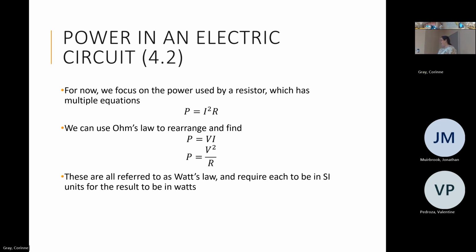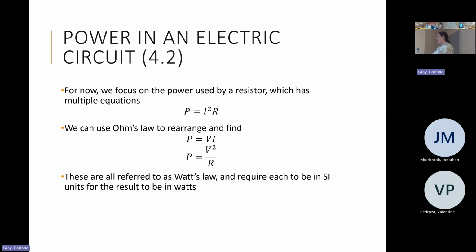So again, whatever you're more comfortable with doing, you are welcome to do that. Typically, with our values when we're calculating power, they're all going to be in SI anyway. So there's no need to change that stuff around. So these are the equations I would consider looking at for calculating power.